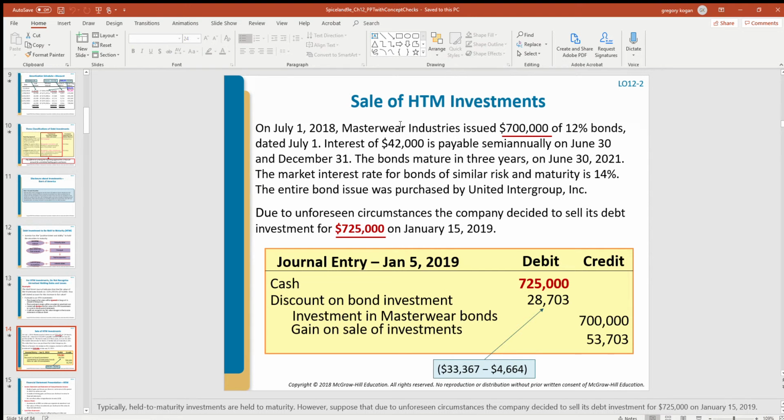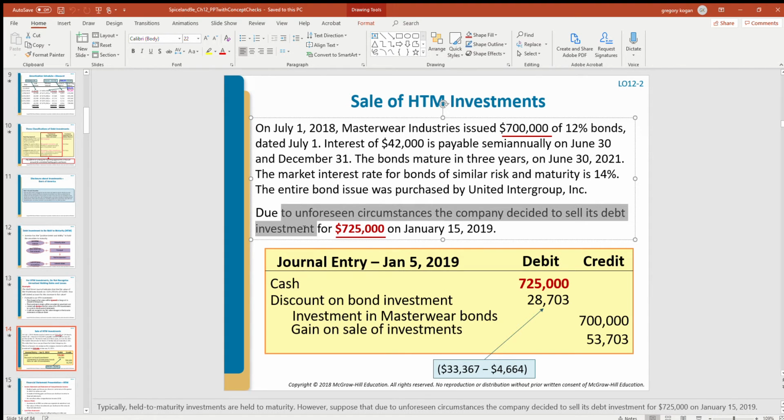But say the Masterware bonds are dated July 1, and the bonds mature in 3 years. Due to unforeseen circumstances, the company decided to sell its debt for $725 on January 15, 2019. So on January 15, 2019, we would check where is our discount, right?